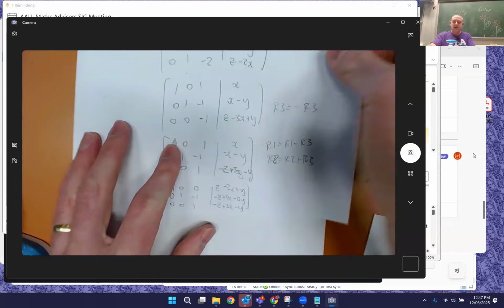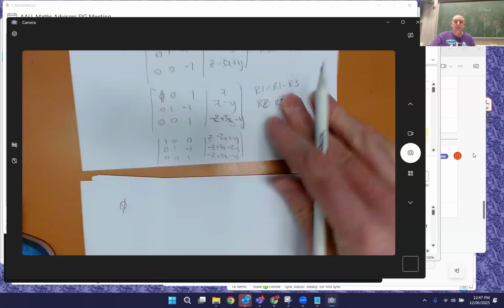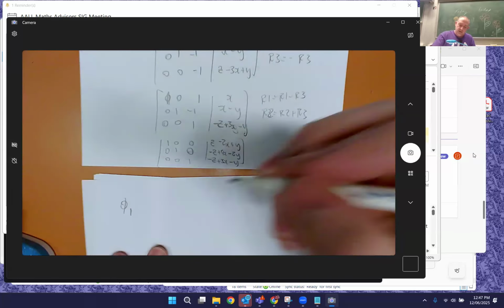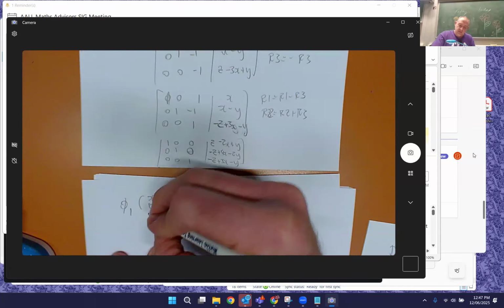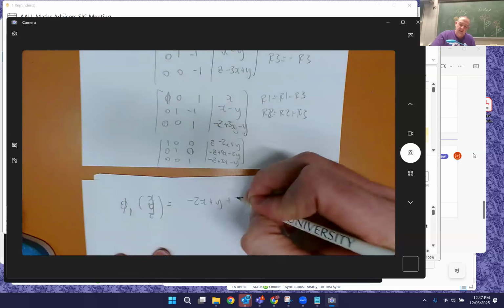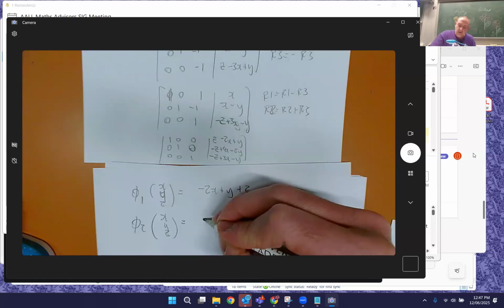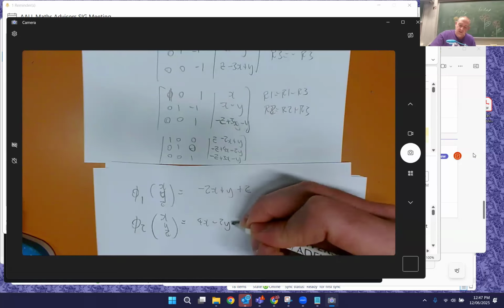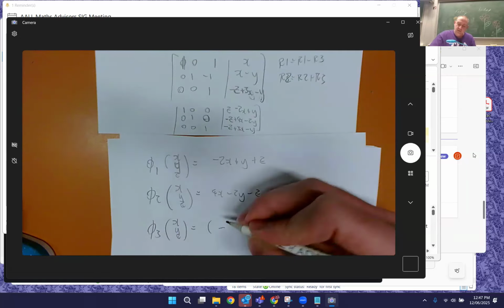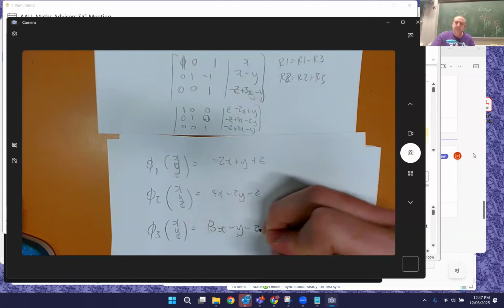So I can say phi 1 of x, y, z is minus 2x plus y plus z, and phi 2 of x, y, z is 4x minus 2y minus z, and phi 3 of x, y, z is 3x minus y minus z.